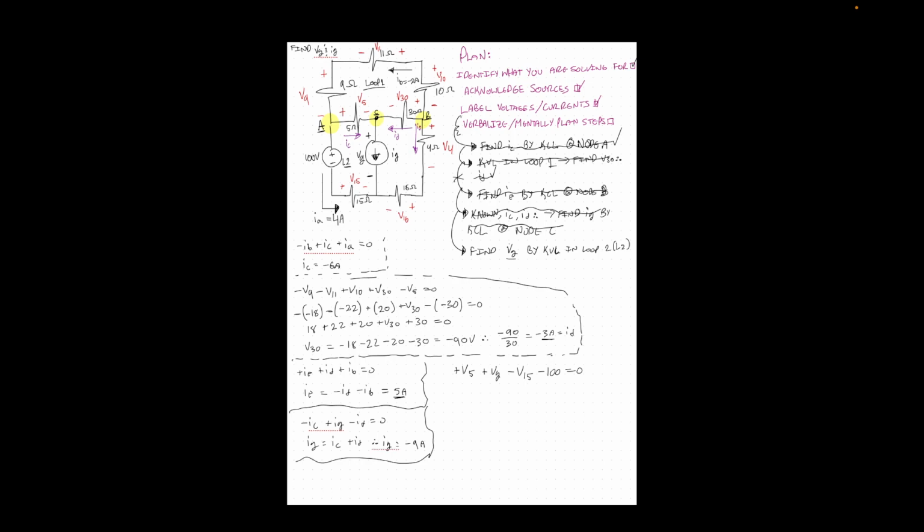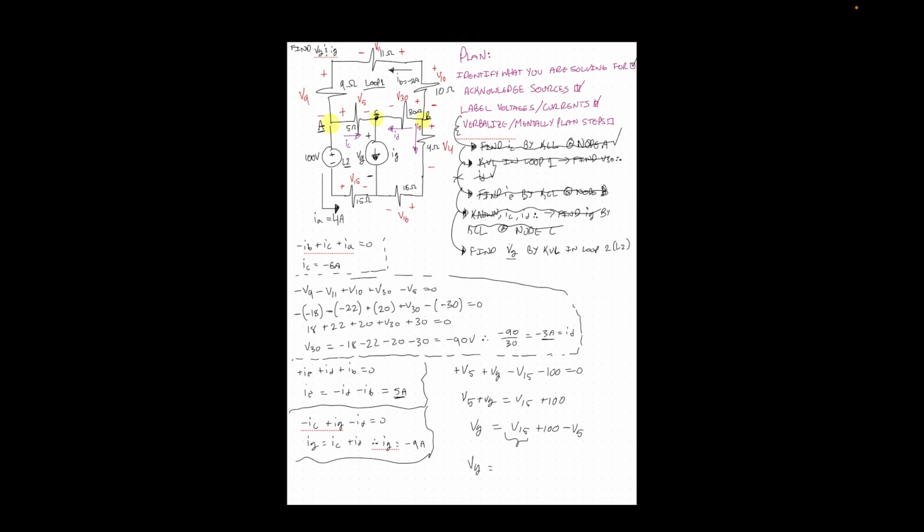So algebraically solving now, let me do this step by step. I'm going to have V5 plus VG equals V15 plus 100, so that VG equals V15 plus 100 minus V5.